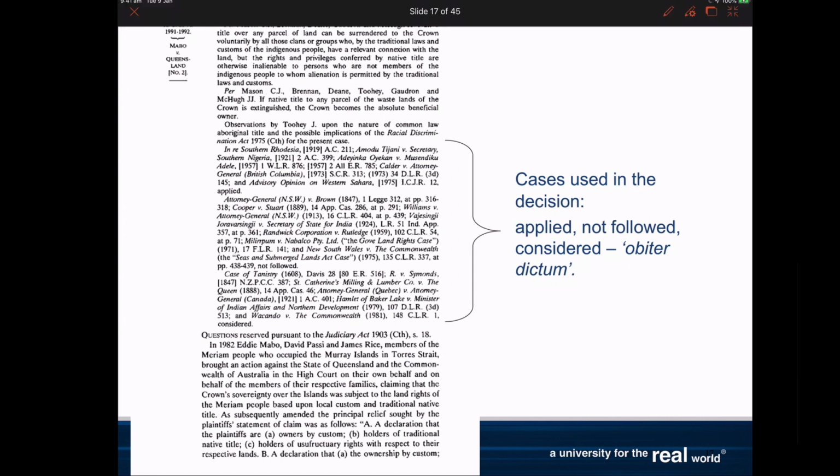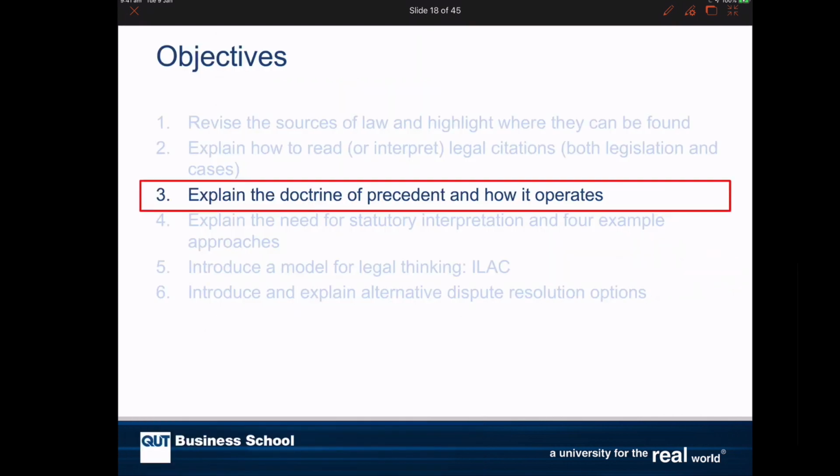What you can also see set out here, right, observations by Toohey J. Okay, so these were some cases and some ideas that were not followed, right? So they were considered obiter dictum, and we'll come to what that means. This is non-binding kind of ideas, observations, rather than the reason for the decision.